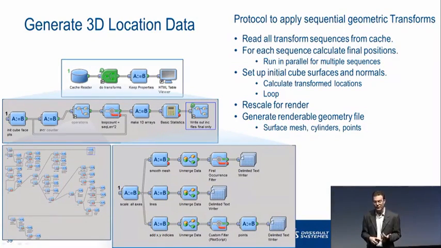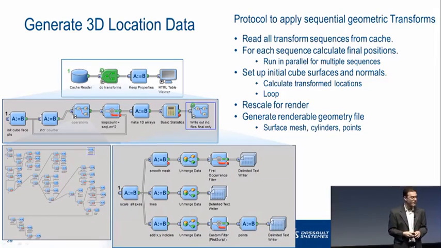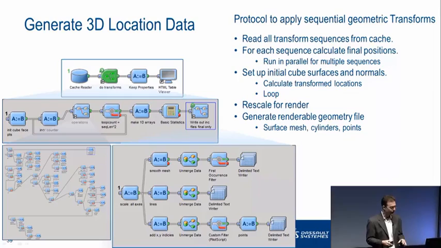And we generate a surface mesh for where the surface of this cube ended up, as well as some cylinders that highlight every 10th row or that sort of thing, and then points which are represented as spheres, which are stood off a little bit from the surface, along the normal vector at that particular point.